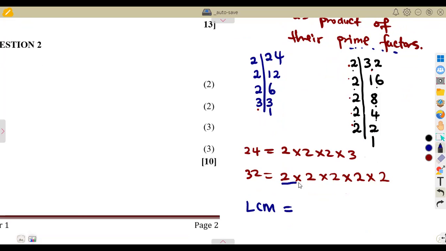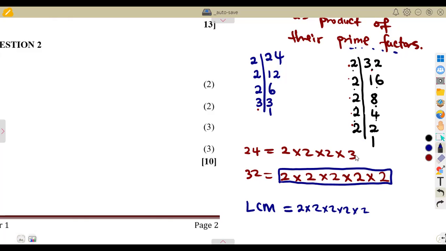You take where these numbers are many, the 2's. There are 3 of the 2's here. There are also 2's here, and there are 5 here. So you take where there are many. There are many here: 2 times 2 times 2 times 2 up to 5. So meaning to say our LCM is going to be 2 times 2 times 2 times 2 times 2, or 2 to the power of 5.